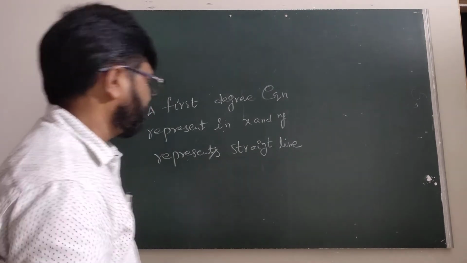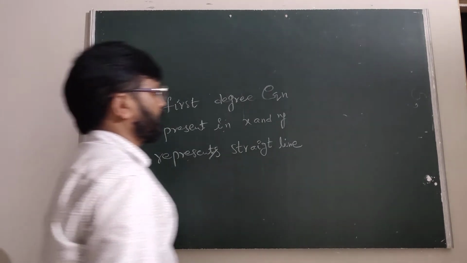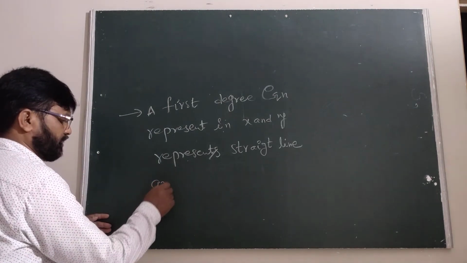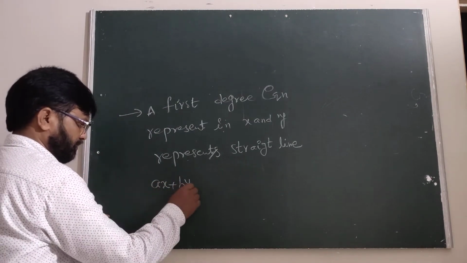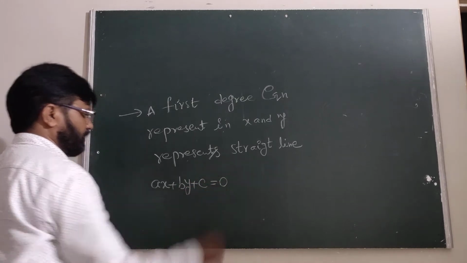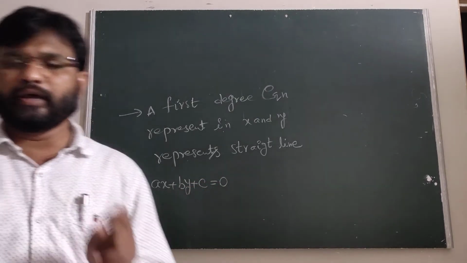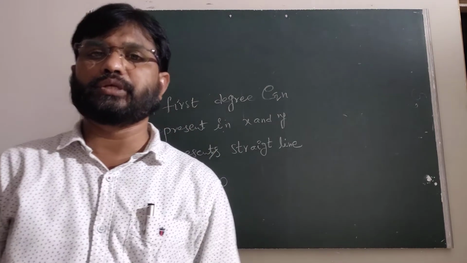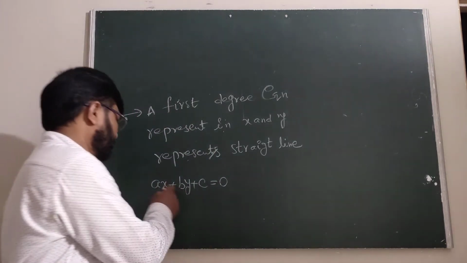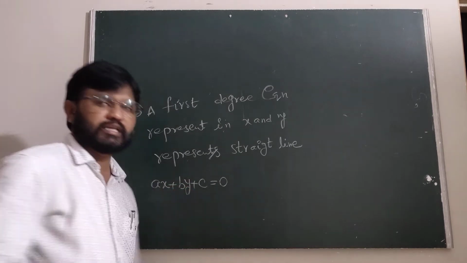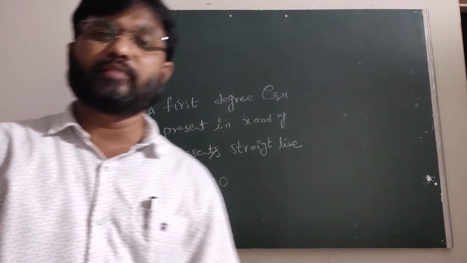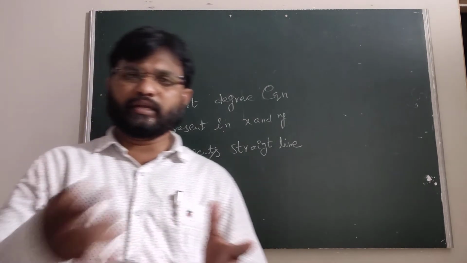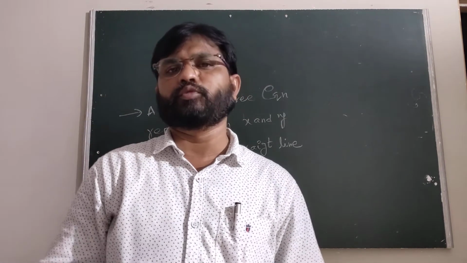That means the first degree equation in x and y is ax plus by plus c equals 0, where at least one of a and b is non-zero. At least means either a or b or both.